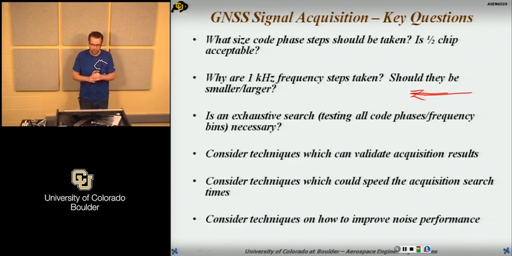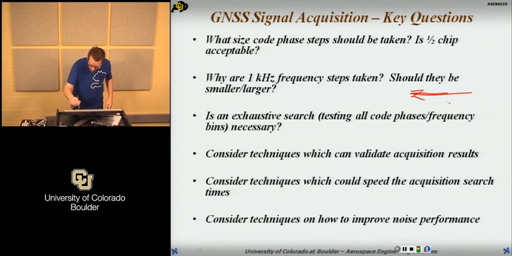You saw that it broke down completely when we were 1 kilohertz off, right? But if we take 1 kilohertz steps, that means that the next one is going to be perfect. Right? So if we take 1 kilohertz steps, we're never going to be more than 500 hertz off. Make sense?